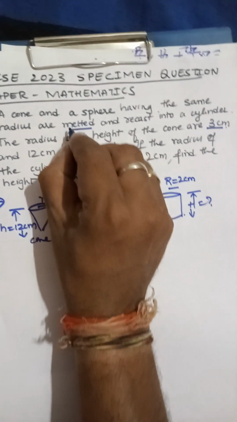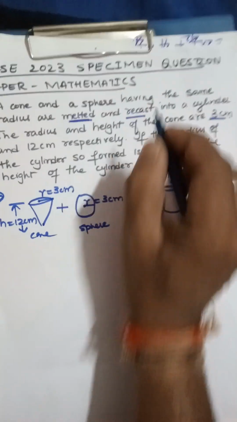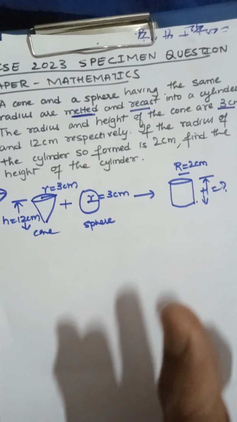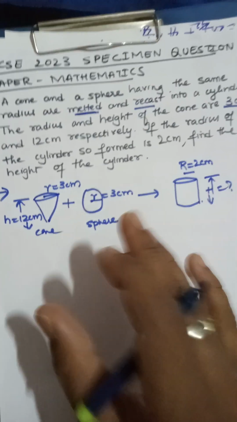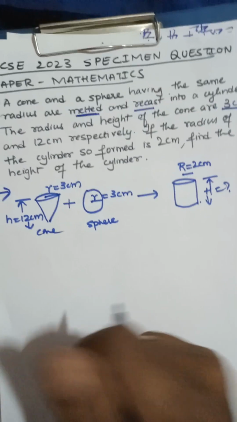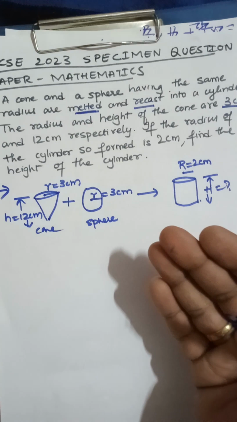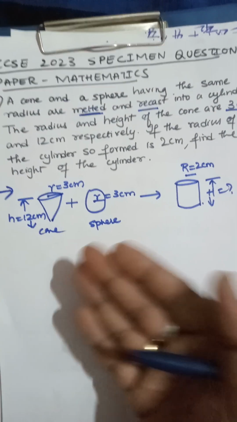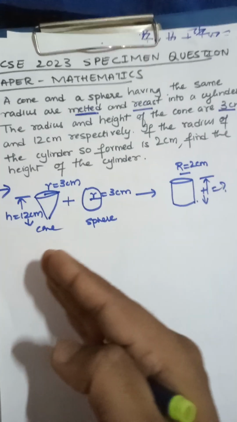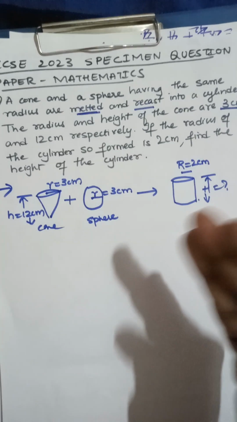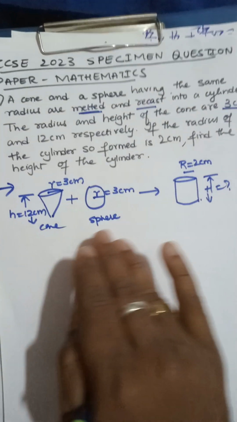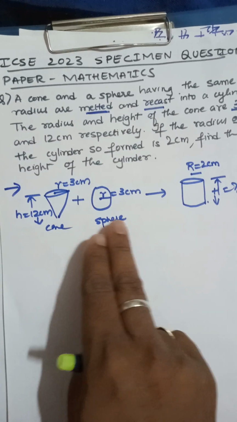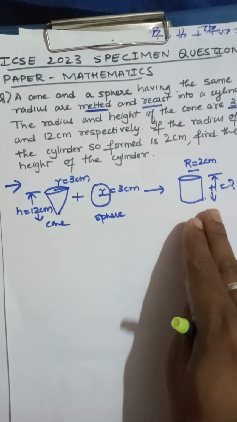Whenever they use the words melted and recast, we have to use the concept of volume of these solid shapes. Whenever a shape is melted and recast, the volume remains the same. The volume before melting and the volume after melting and recasting remains the same. So as per the question, these two shapes are melted and recast into a cylinder.